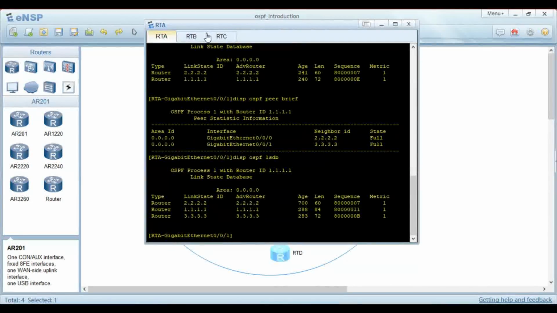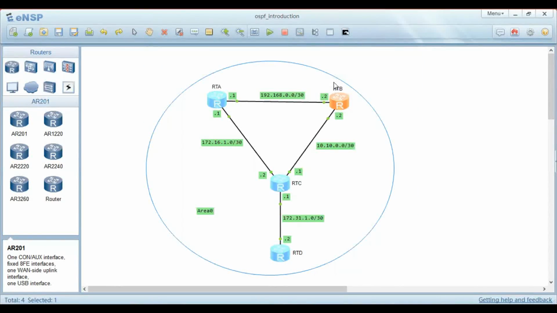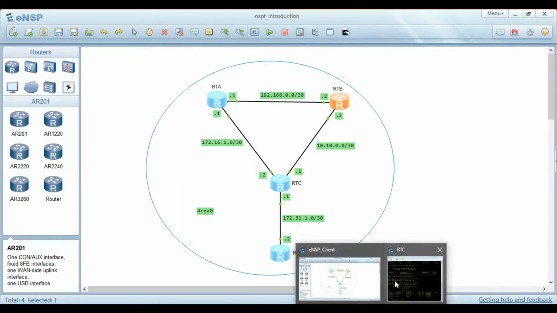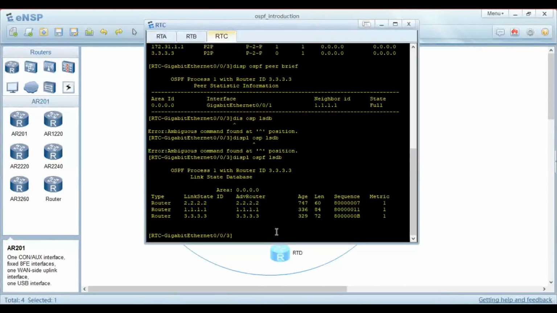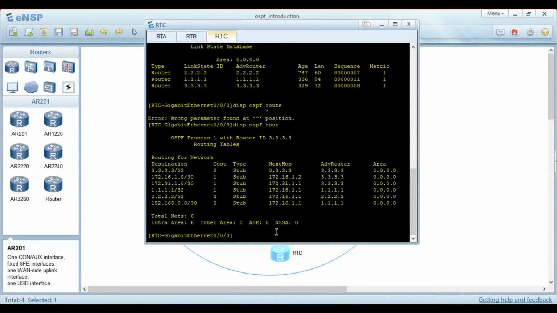So now from RTC, we can see whether we are able to reach this loopback. First of all, the fourth command is to verify the routes you are receiving via OSPF. So you can say display OSPF routing table. You can see we are receiving all these routes through OSPF. At router C, we are receiving 3.3. We are receiving 1.1.